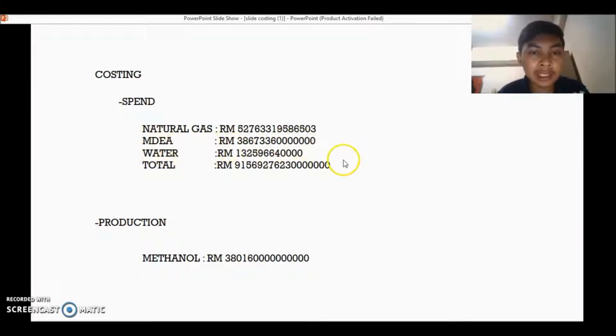For the total spending, we need the initial money to produce 80% of impurity, with 200 million metric ton. For the methanol, after we produce and sell it, this is the price that we got, the total profit we got.